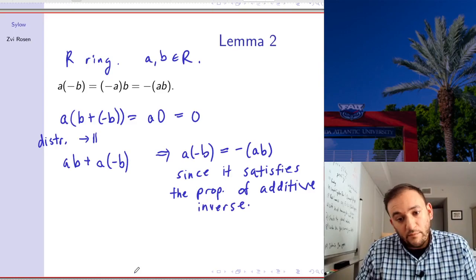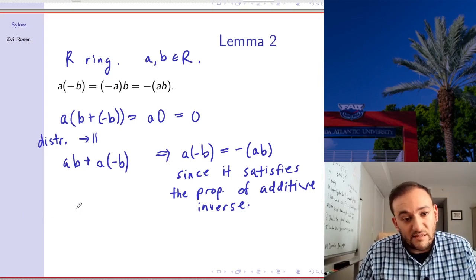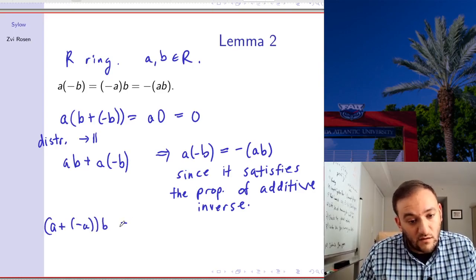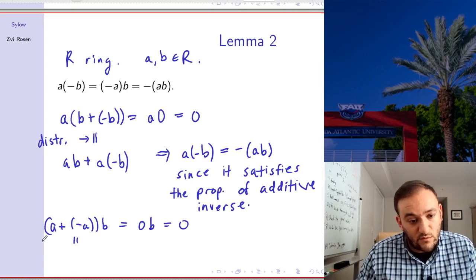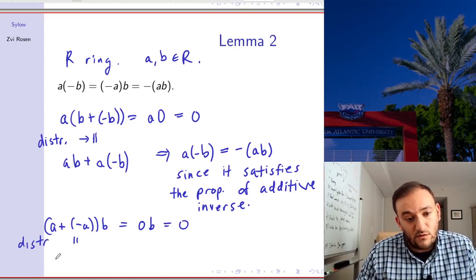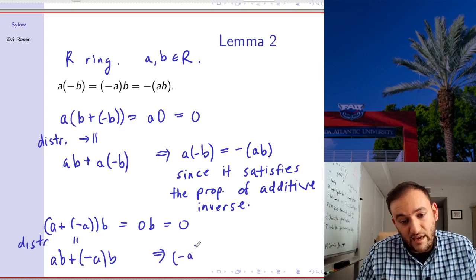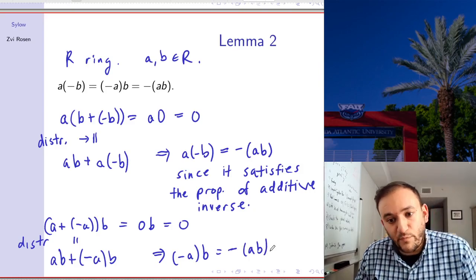By the same token, you can do this on the left with A plus minus A, times B, which equals 0B, which is 0. But this is also equal by the distributive property to AB plus minus A times B. So by the same token, minus A times B is the additive inverse of AB.